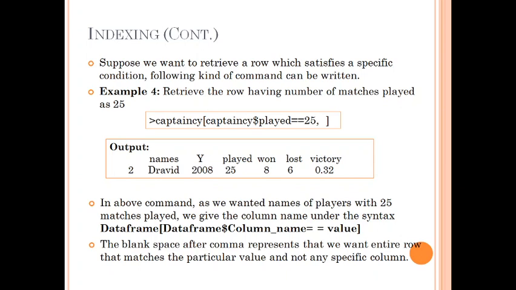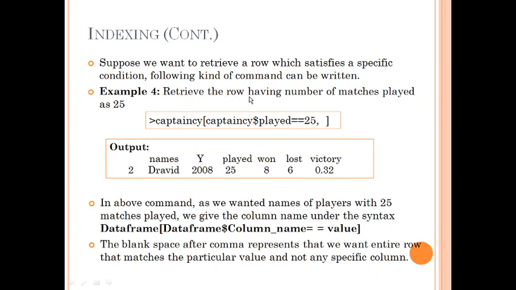But suppose sometimes we do not know where exactly the data lies inside a data frame, but we know what type of data we want. If we want data which satisfies a specific condition, then we use logical indexing. So just see this example.